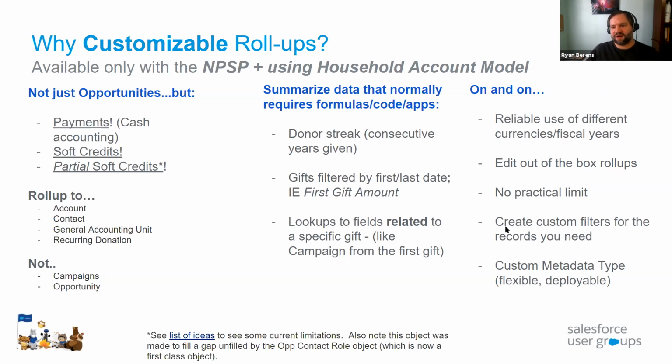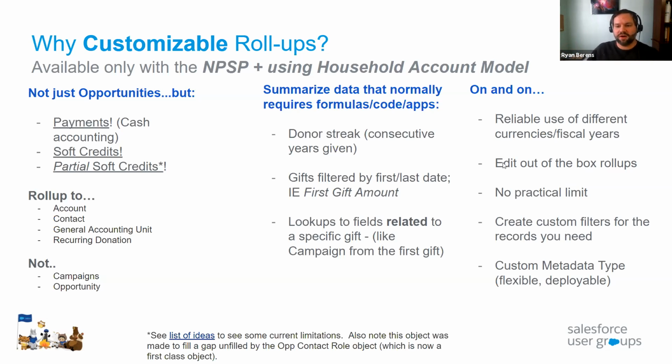Some things to keep in mind about customizable rollups: they do obey fiscal year settings, and you do have to toggle them in the customizable rollup screen. The nice part about customizable rollups relative to the legacy ones: if you're working with a nonprofit on an old version of NPSP and they're on legacy rollups, they'll say, well, we had to build all these extra fields because the legacy rollups didn't let us change them.